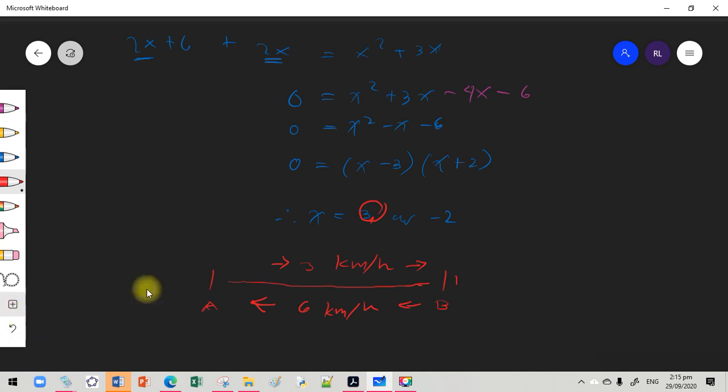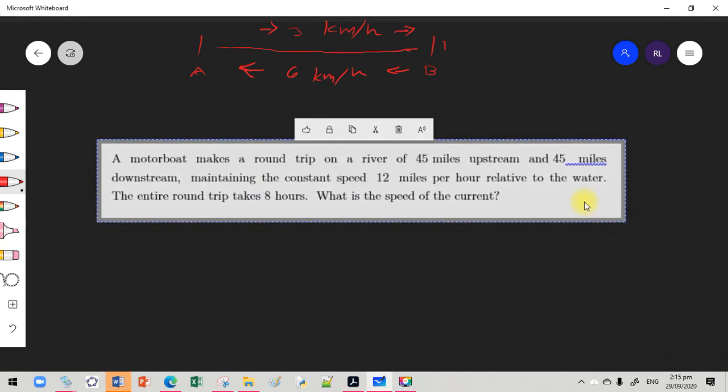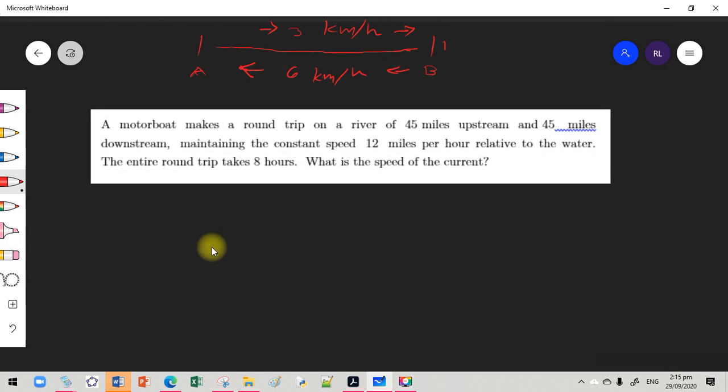So that's it. Let's proceed to our next problem. Let's try to read. A motorboat makes a round trip on a river of 45 miles upstream and 45 miles downstream, maintaining a constant speed of 12 miles per hour relative to the water.